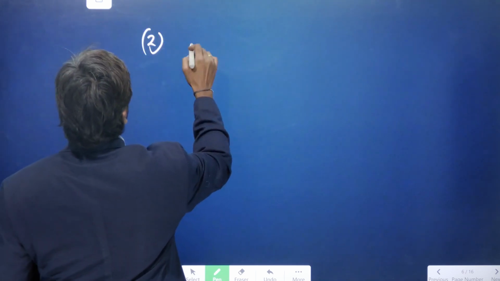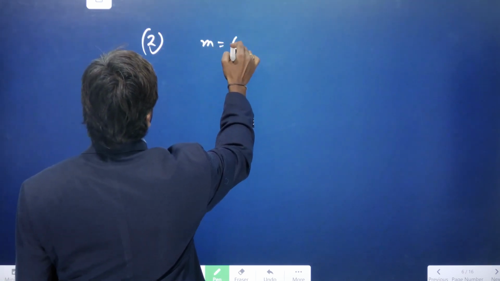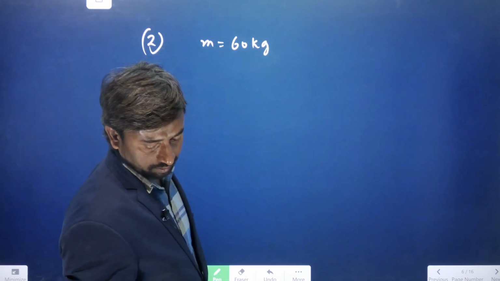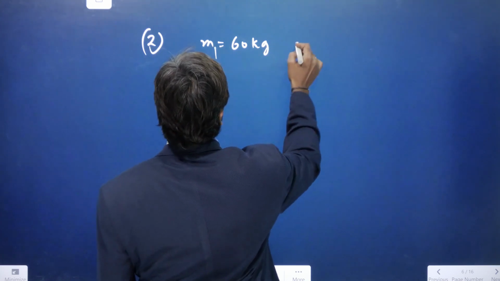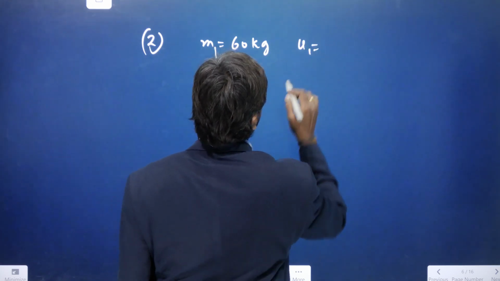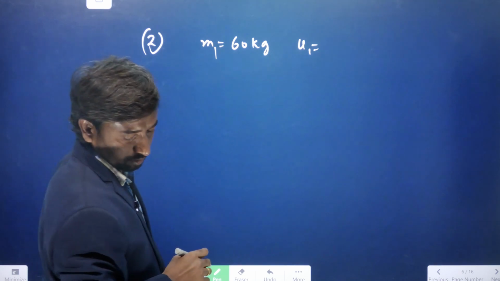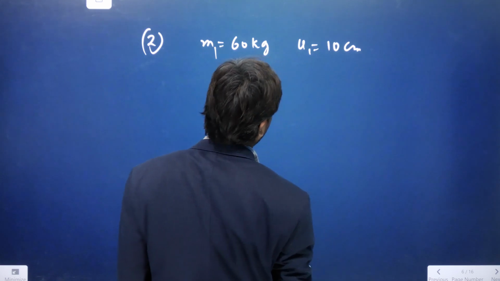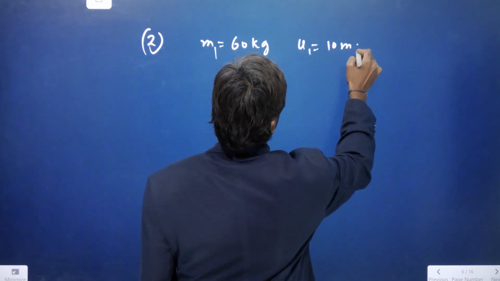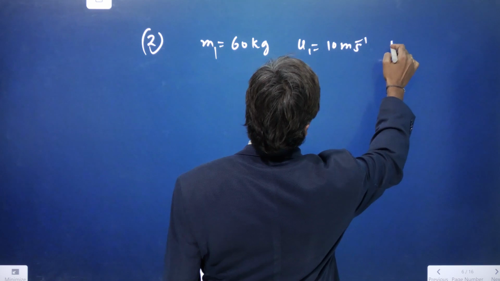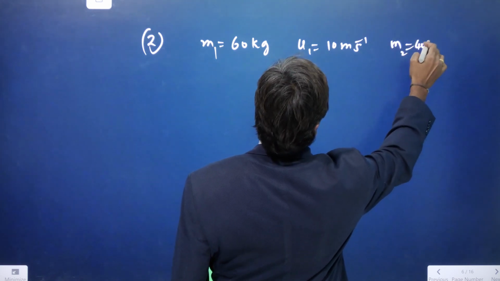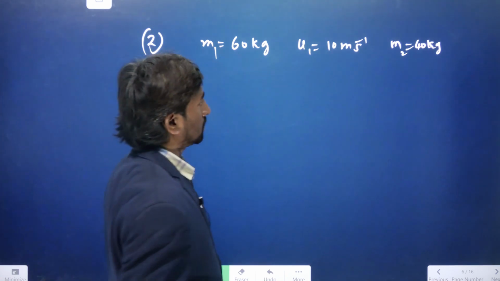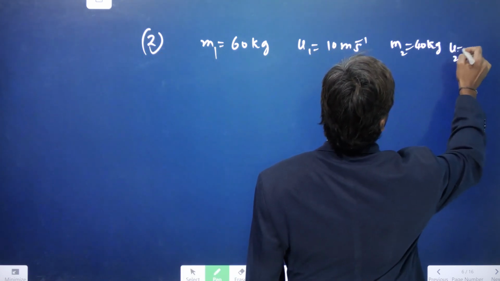The mass of the man is 60 kg, skating with a speed of, so m1 is 60, u1 is 10 meter per second, and collides with a man of m2 40 kg, a skater who is at rest. So he is at rest, which means u2 will be equal to 0.